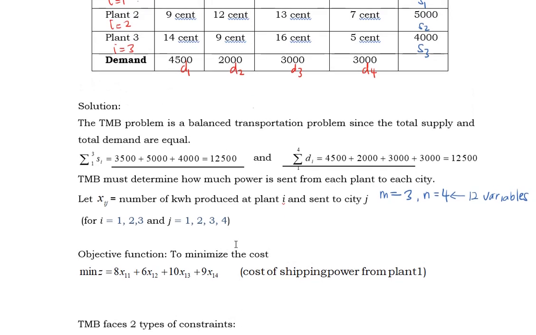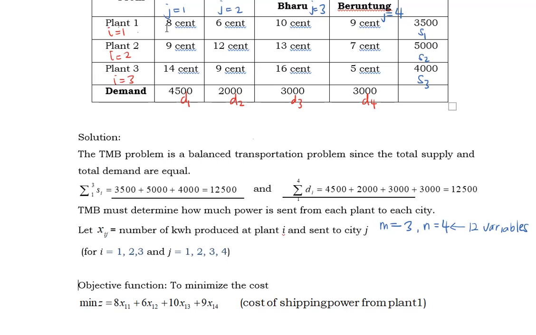We multiply the shipping cost with the variable. This is the cost of shipping power from plant 1.